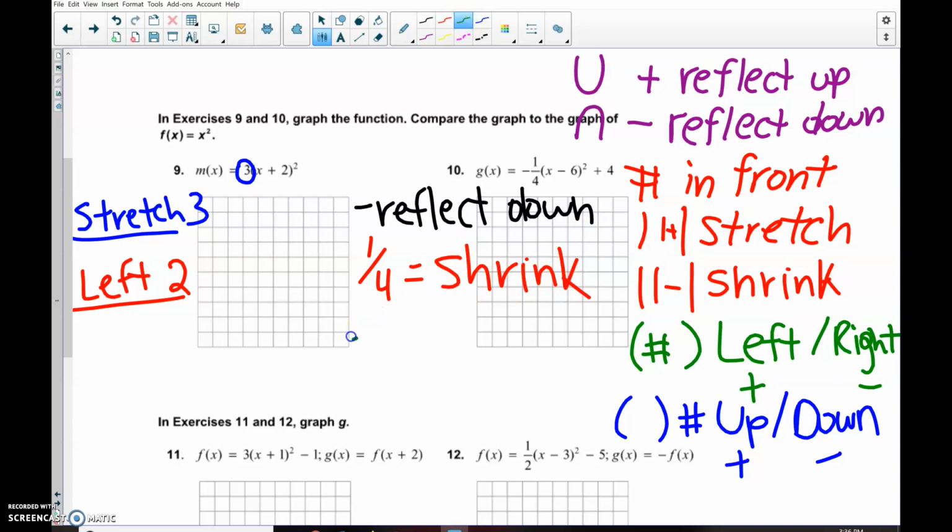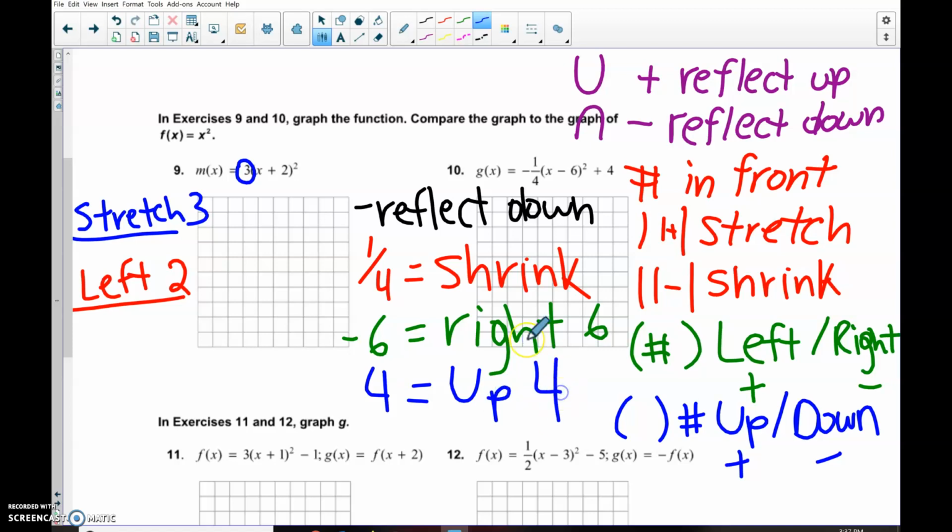We have the -6 inside the parentheses, so that's going to move left or right. Since it's a -6, it's going to be right 6 spots. Then lastly, we have the +4 outside the parentheses. Since it's outside the parentheses, that's going to move up or down. And since it's a +4, we're going to move up 4.